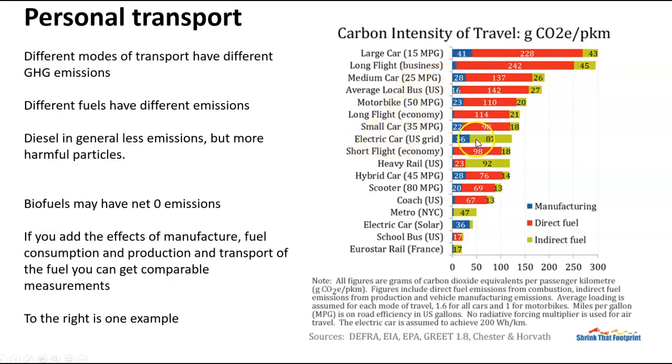Electric cars, a lot of people talk about, well, it takes way more emissions to produce an electric car. Yes, if you take a small car and an electric car, sure, it's a bit different. However, with a large car and an electric car, usually you see that they are quite different. And for the indirect fuel cost, if you assume the US grid, which is about 60-70% fossil fuel, the fuel still produces carbon dioxide because you have to create that electricity by fossil fuels.